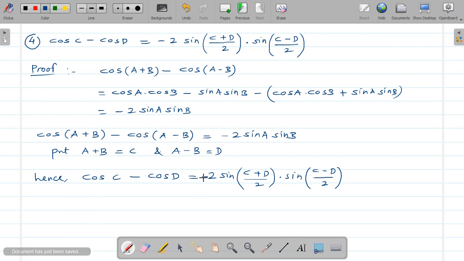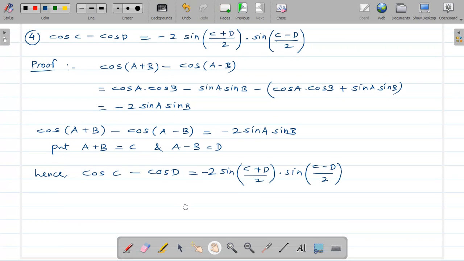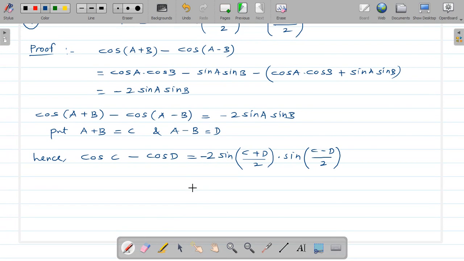Now as we get minus 2 times, here we get a minus sign. It can also be removed by using the trigonometric relation. So further, if you solve, keep this minus 2 as it is into sin (C plus D) upon 2 into sin. Now if you adjust the angle, if I want to write (D minus C) upon 2, then I have to write the minus sign here: minus of (D minus C) upon 2. Just adjust this angle.